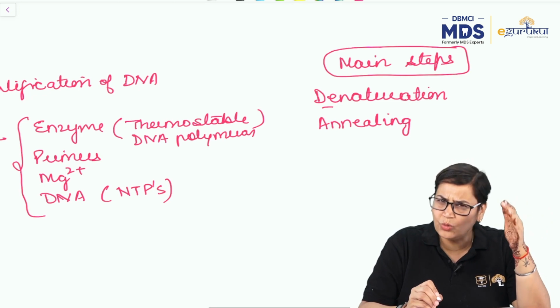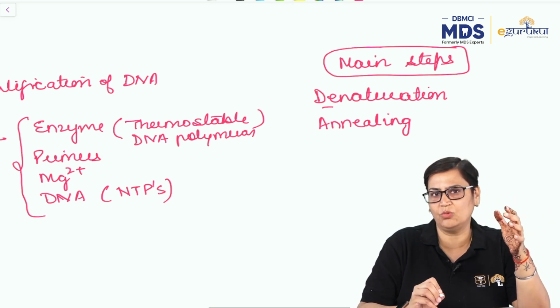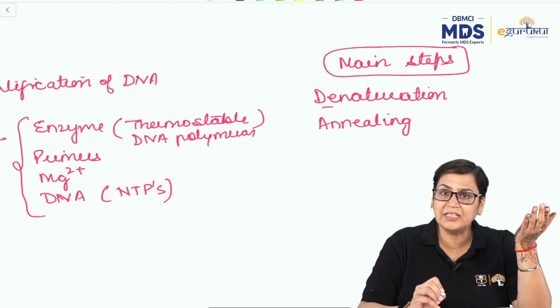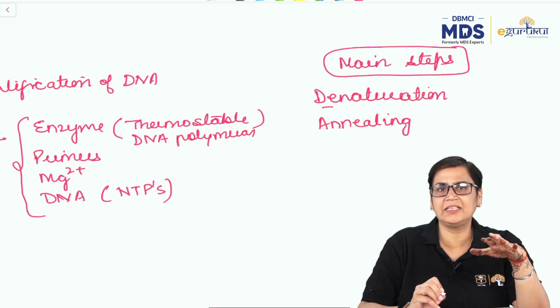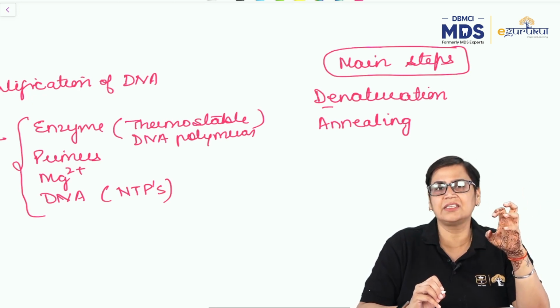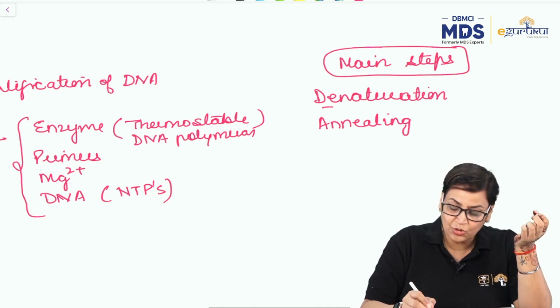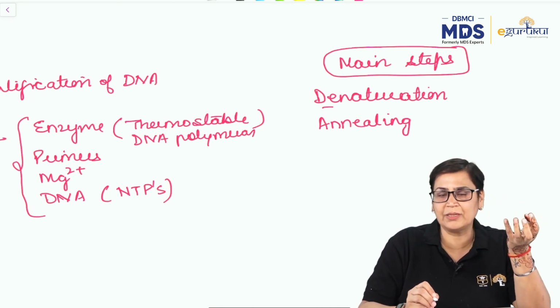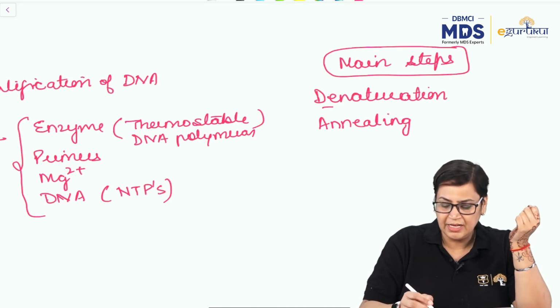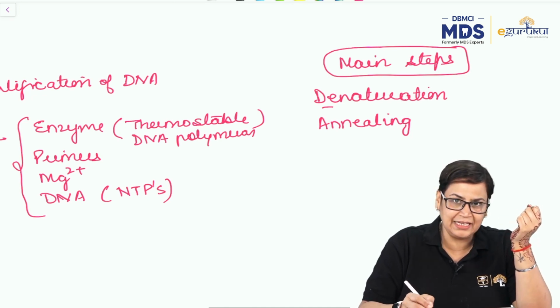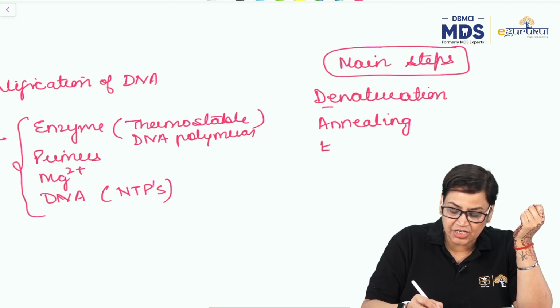Annealing is when we slowly try to bring the temperature down. Because when we increase the temperature and then immediately decrease it, there are chances that DNA strands might not join. So annealing is slow cooling of DNA. After denaturation, annealing is done and then extension is done.